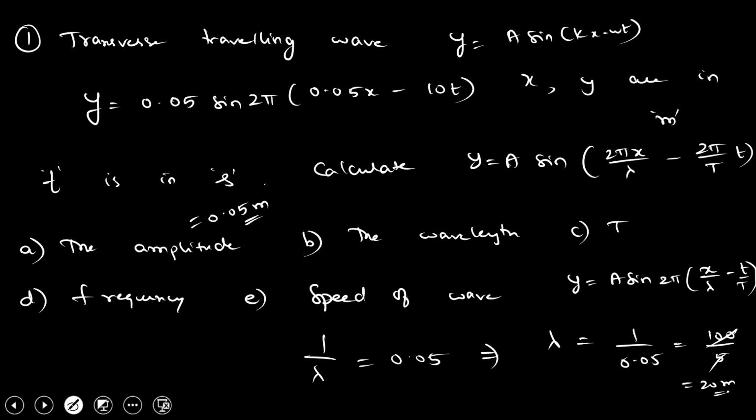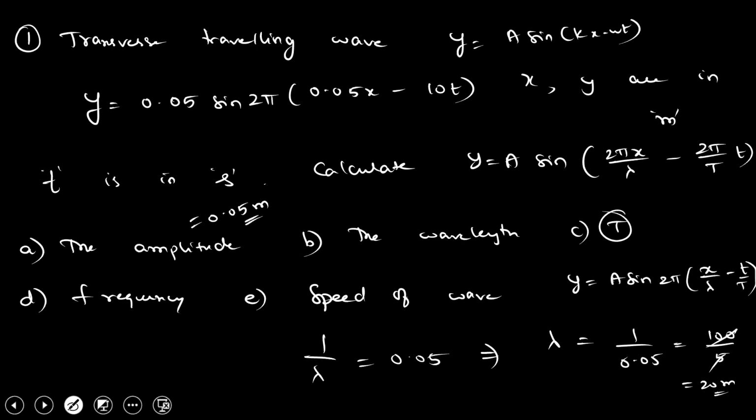It is 20 meters. What about the time period? So for the time period, you can do a comparative study of this and this. 1 by capital T is equal to 10, which implies T is equal to 1 by 10 seconds. Am I right? It will be 1 by 10 seconds.